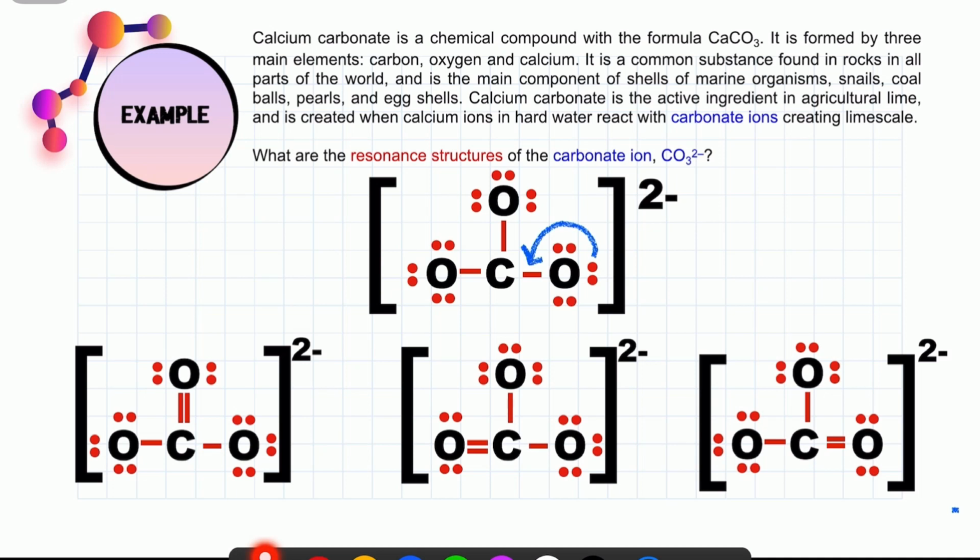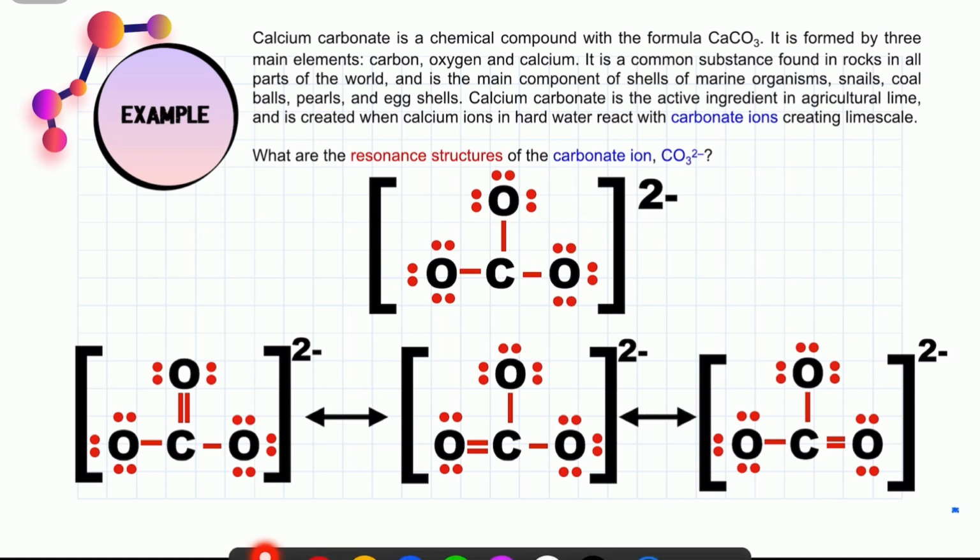So it makes the carbonate ion exist as a resonance. How do we show that these 3 Lewis structures are a resonance? We use the resonance arrow.